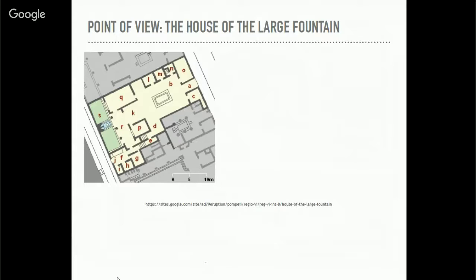Because Romans were really, really fond of point of view, so they are a rich pool of examples for this spatial approach. And I'm not sure I managed to find the perfect examples, but I like this one. That's the house of the large fountain.